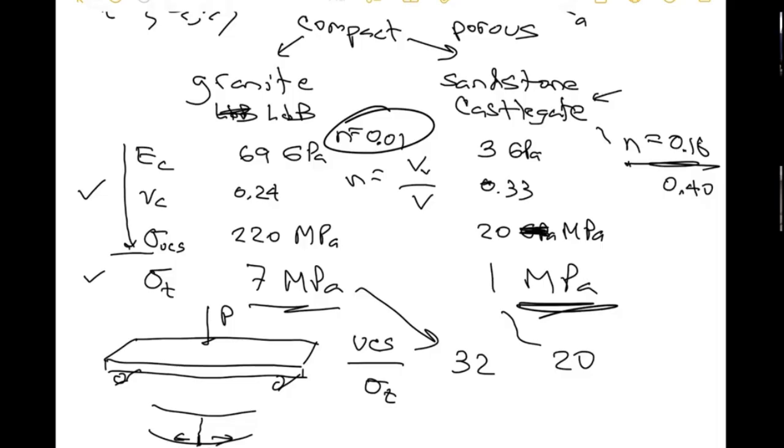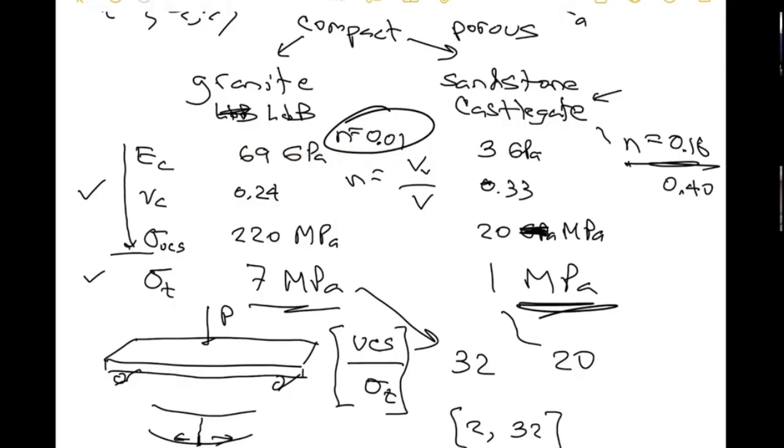So you also typically do this. And you can use this ratio in general as a way to characterize rock. For most rocks, this ratio ranges from about 2 to about 32.